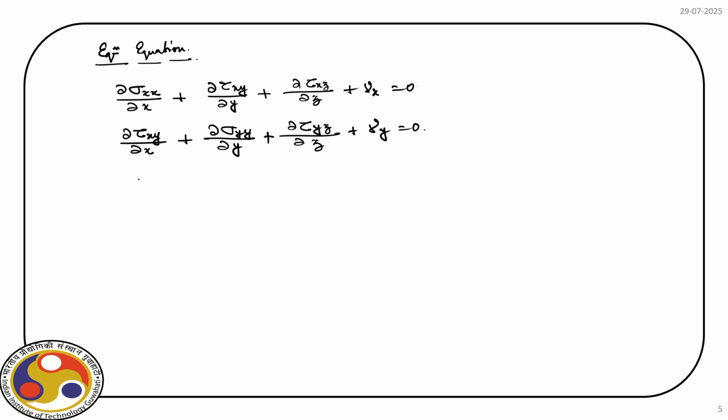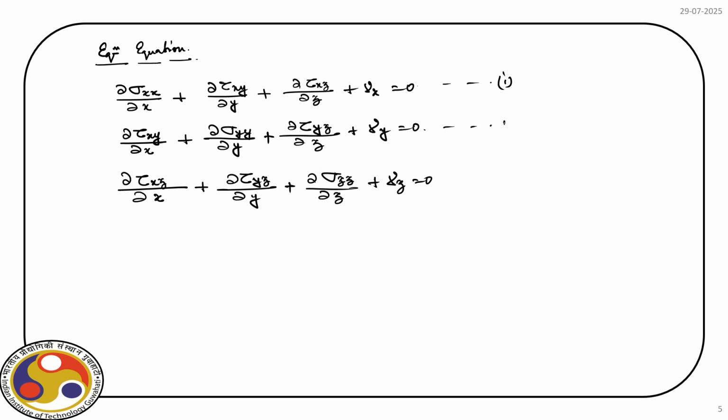And then the last equation is tau xz differentiated with respect to x plus tau yz differentiated with respect to y plus sigma zz differentiated with respect to z plus gamma z. So, we have first, second and third equations of equilibrium when you consider the 3D problem.